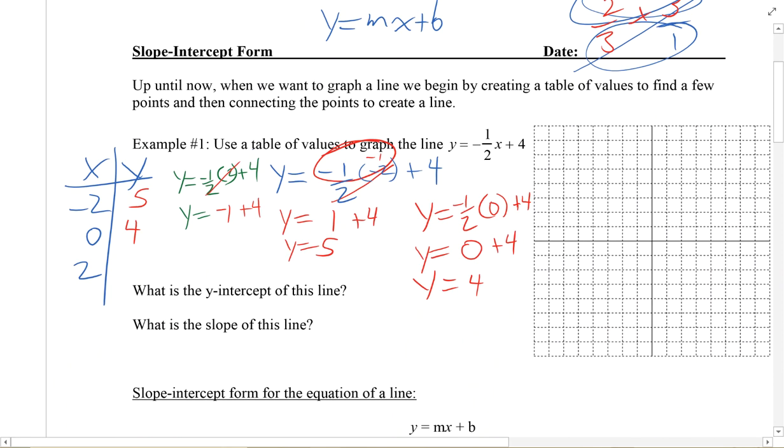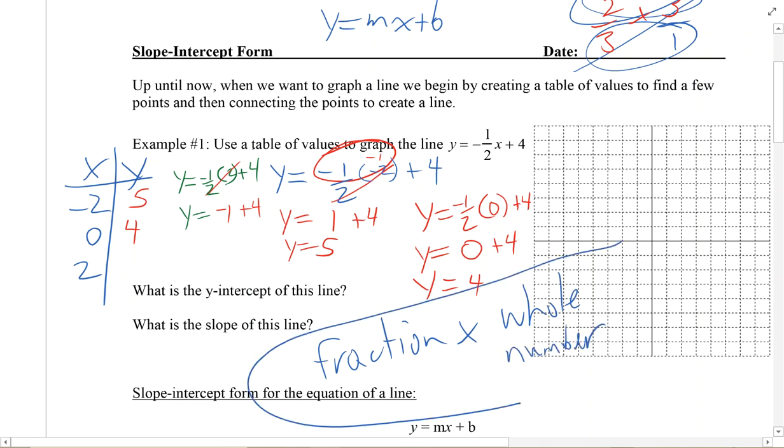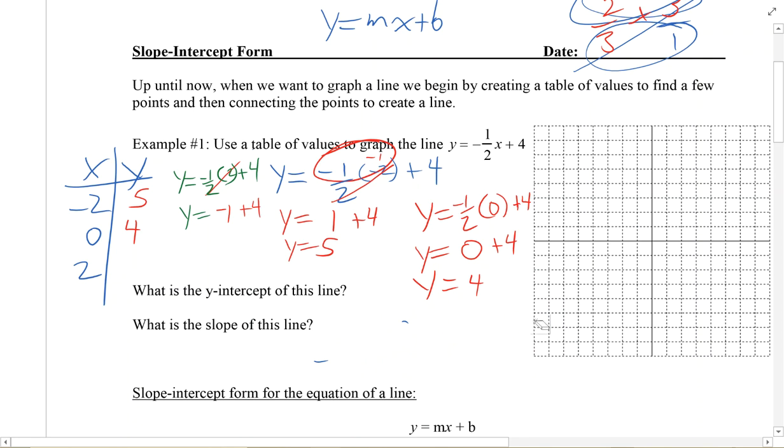You might want to go to Google and Google fraction times a whole number. Okay, so you might want to watch a video on doing that. Okay, but that's grade 8 math and grade 9, and I just reviewed it once. So it's up to you now to learn it. So y equals 3.